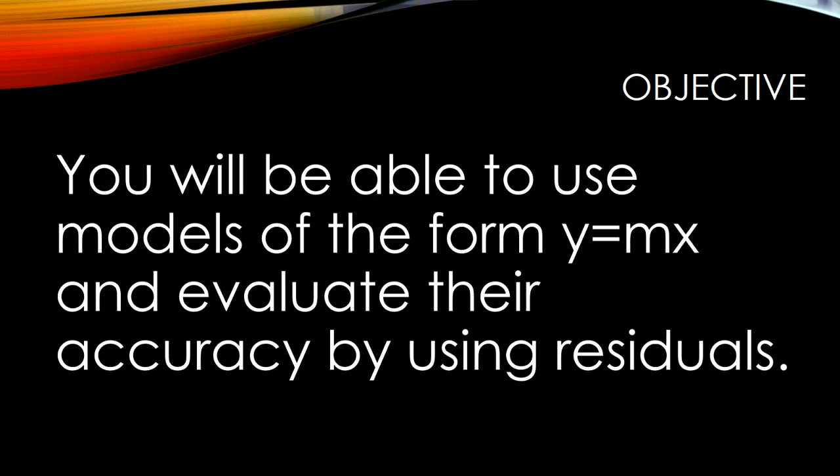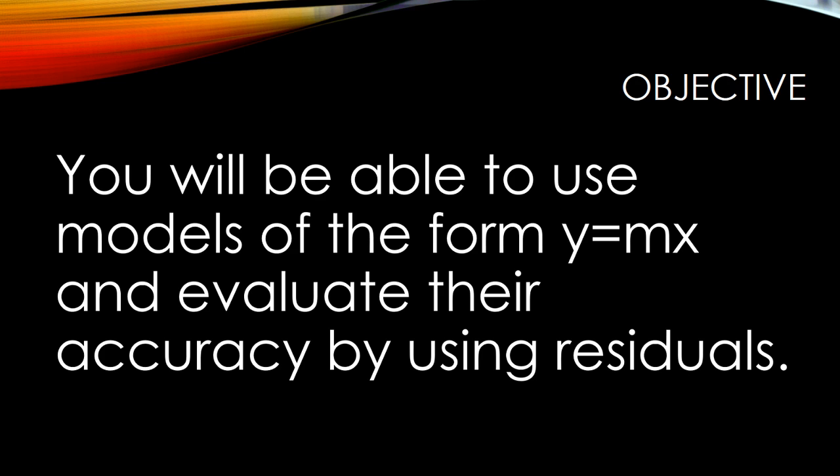So at the end of this, you will be able to use models of the form y equals mx and evaluate their accuracy by using residuals. So two things we're going to be able to do. The first thing is you create models in this linear form. That's what y equals mx is called, the linear form.